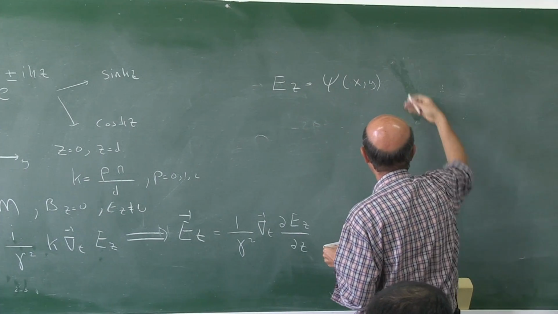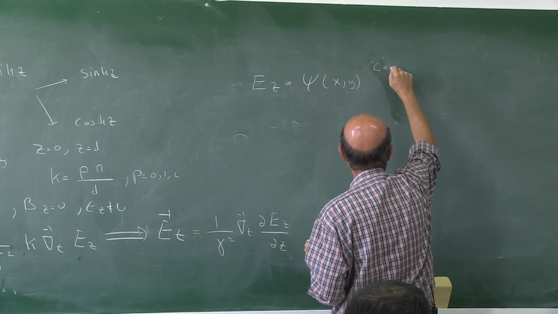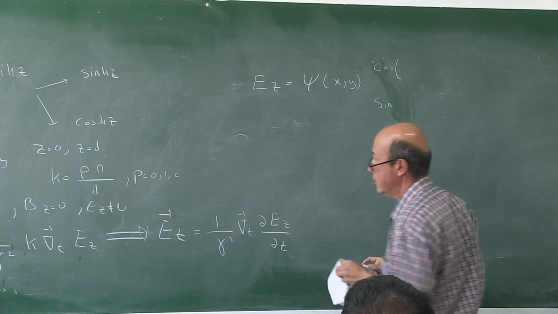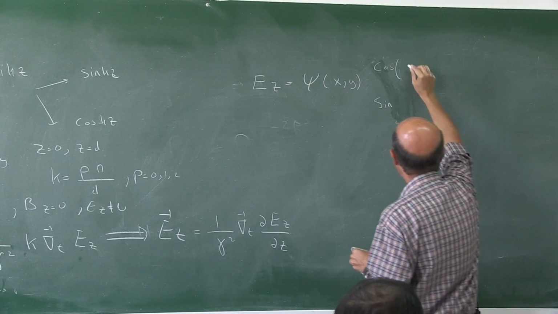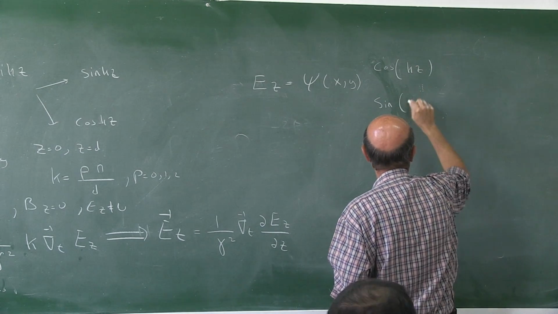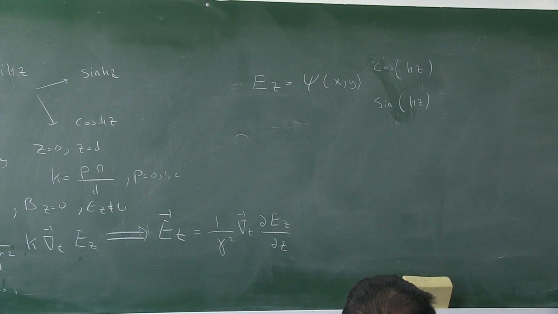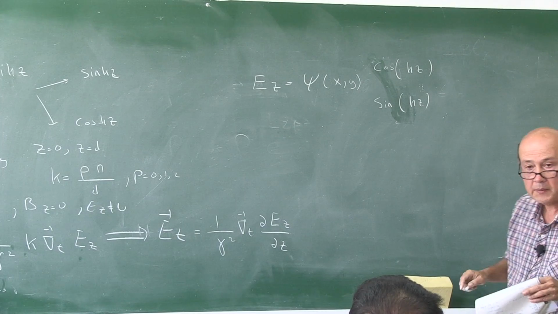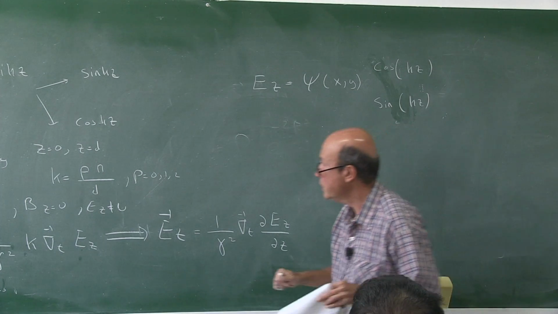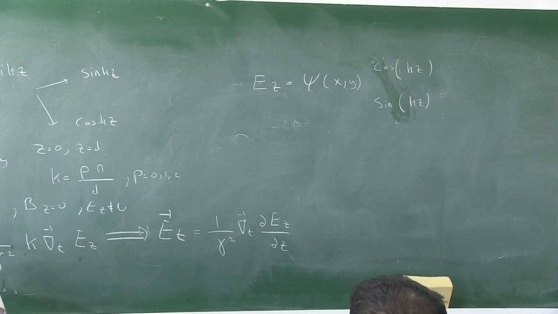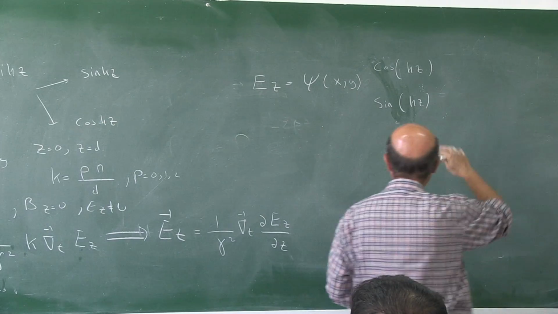And you have two options: one is cosine kz, the other is sine kz. Which one is good for satisfying the boundary conditions? Since we don't have plane waves, we have cosine kz and sine kz, and we require satisfying the boundary conditions up and down. Which one is good, cosine kz or sine kz?